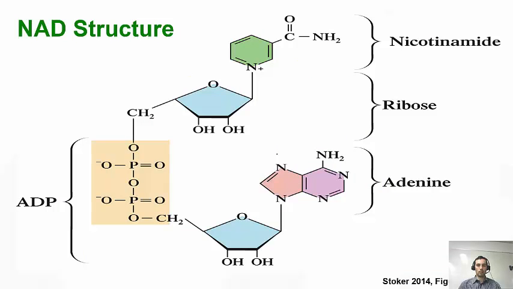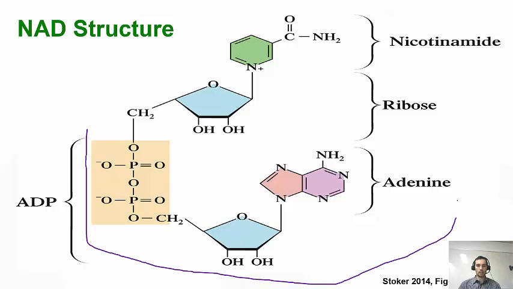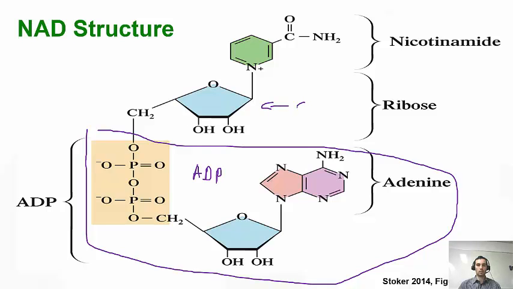Down the bottom here, we've got the adenine, the ribose, and the phosphate. Together, this part of the structure gives us the ADP. Just like with the FAD, it has this ADP core that we then add on to via this phosphate. In this case, the extra sugar is a ribose. Remember, for the FAD, it was the ribitol, which contained more alcohol groups and was not cyclic, it was actually a straight chain.